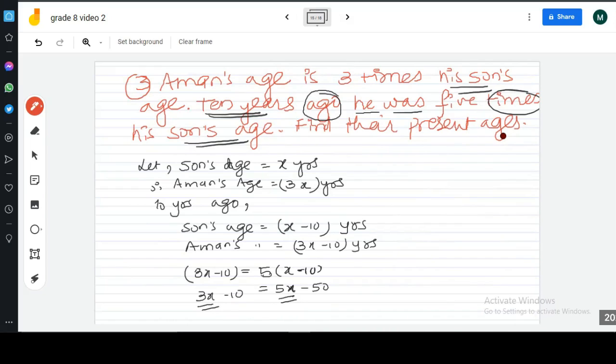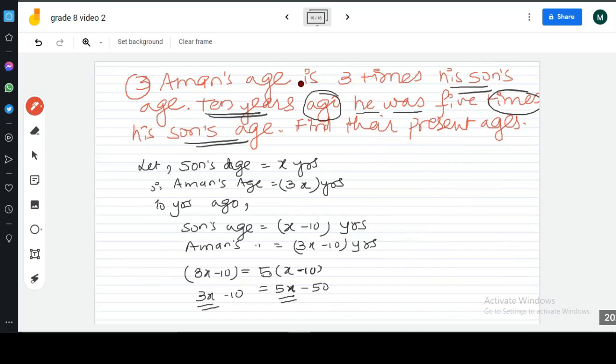So here the relation between the ages of Aman and his son is given, and Aman's age is compared with the age of his son. So whenever such a comparison is done, the term with which the comparison is done should be considered as x.